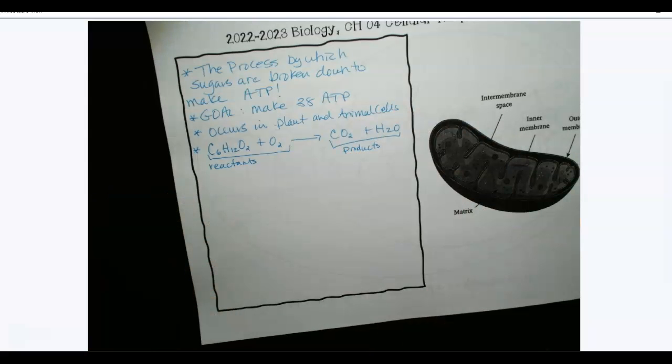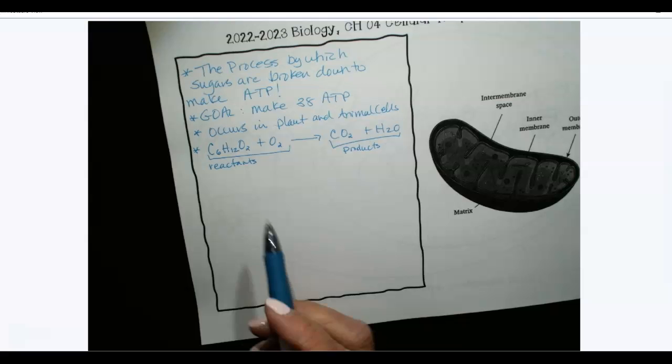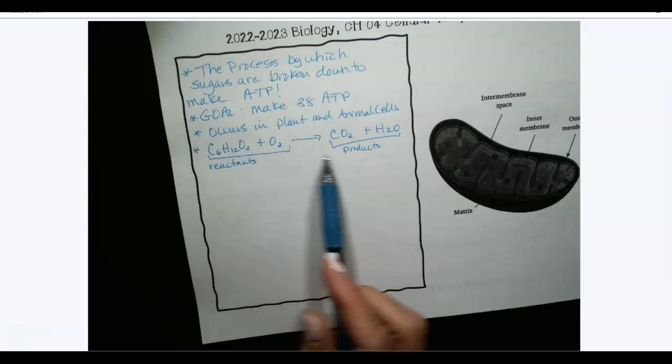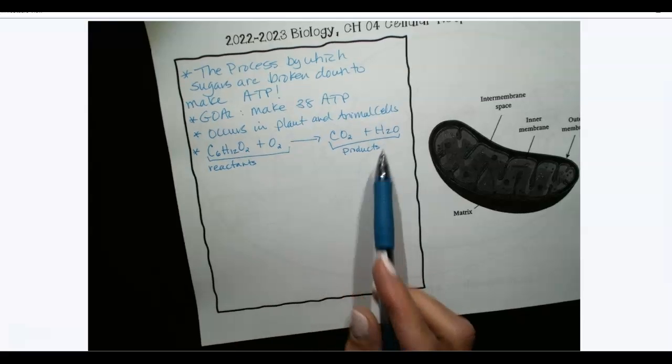Now, there's a lot of other stuff that is made in between to help make the ATP. Okay, so there'll be a few other molecules, but the main gist of it is glucose plus oxygen gas is going to produce carbon dioxide and water.